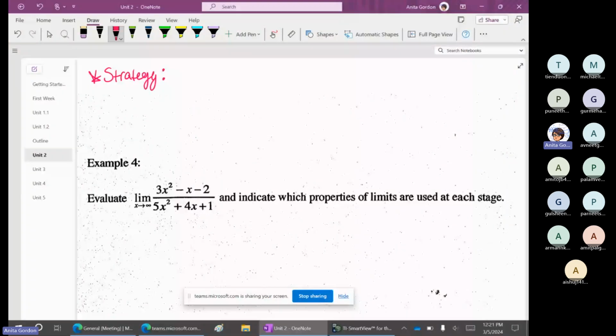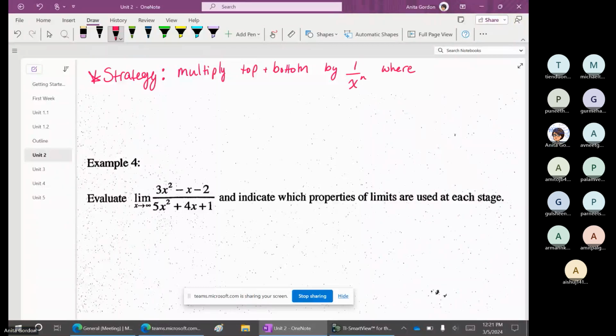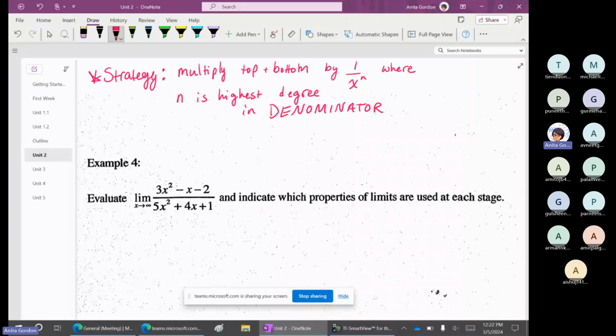When you have a rational function, meaning you have x's in the denominator, multiply top and bottom by 1 over x to the n, where n is the highest degree in the denominator. Not overall, but just in the denominator.